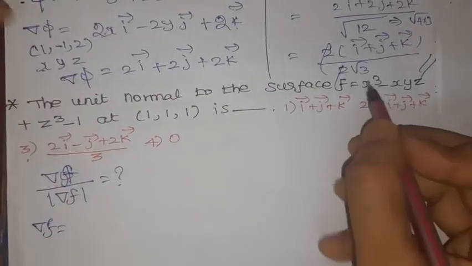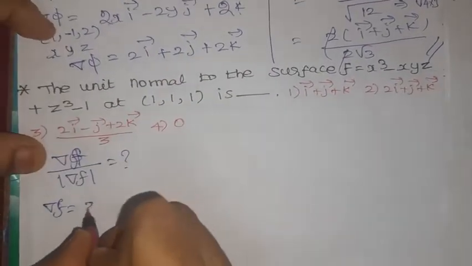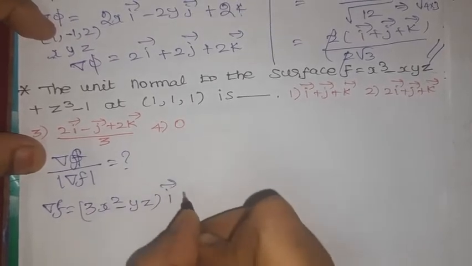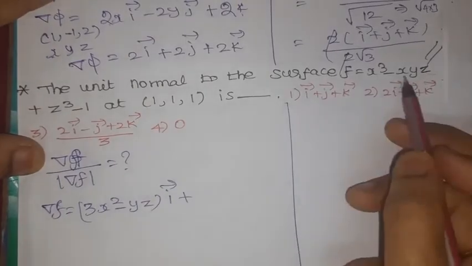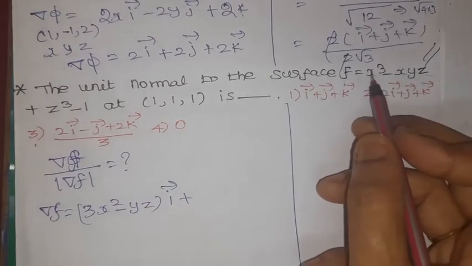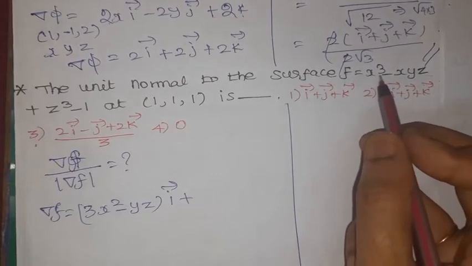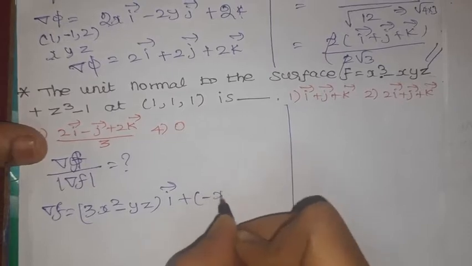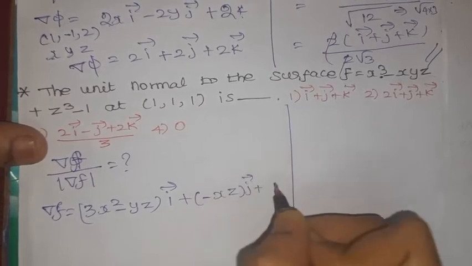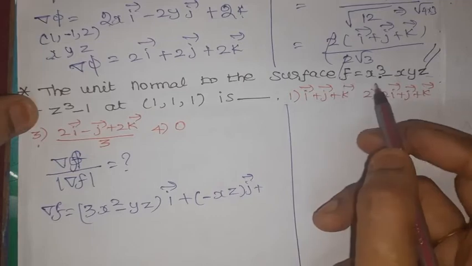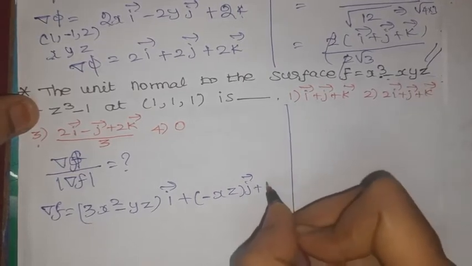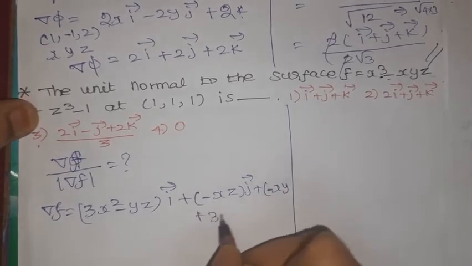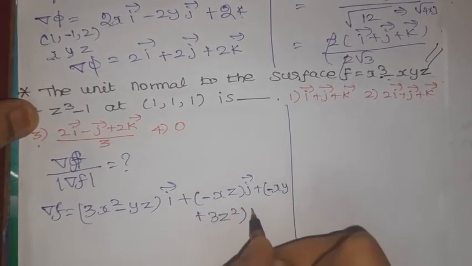With respect to x, first and second terms: 3x squared minus yz into i plus dou f by dou y, this only with respect to y. So minus xz into j. Then dou f by dou z, two terms, minus xy plus 3z squared into k vector.